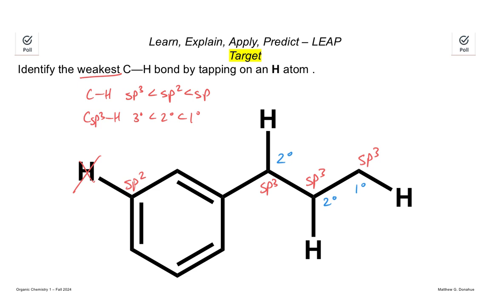So right now we can eliminate the primary because that's going to have the stronger bond overall. And then we're left with these 2 secondaries.